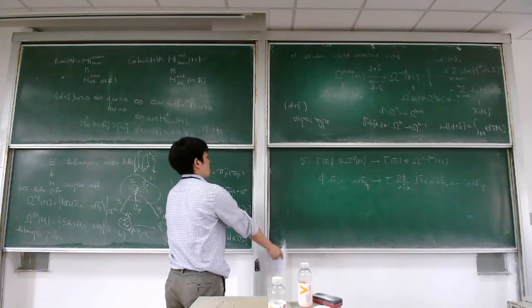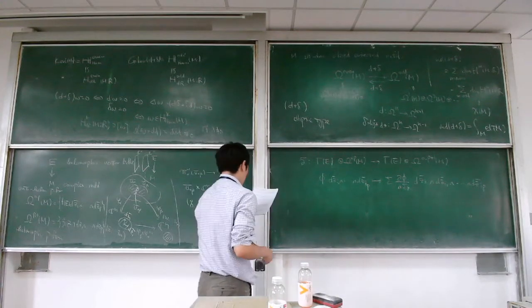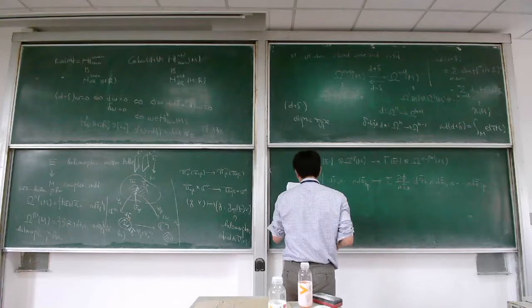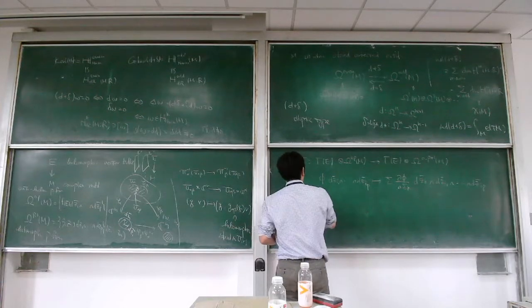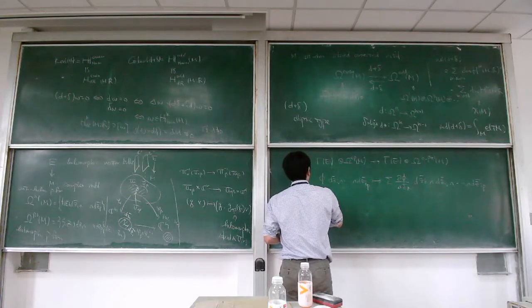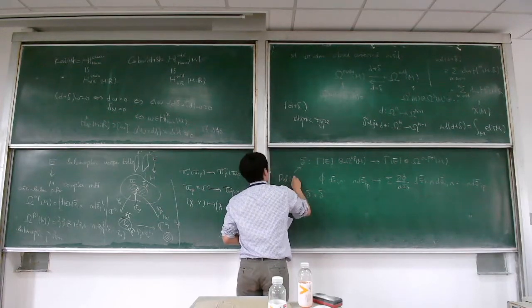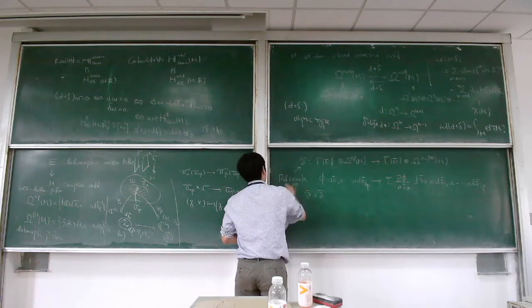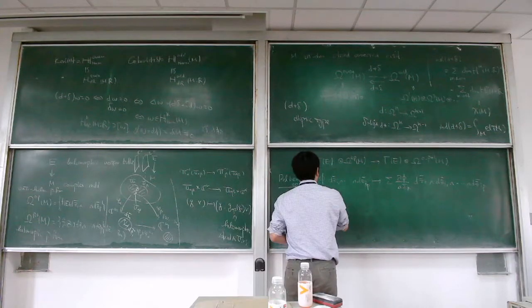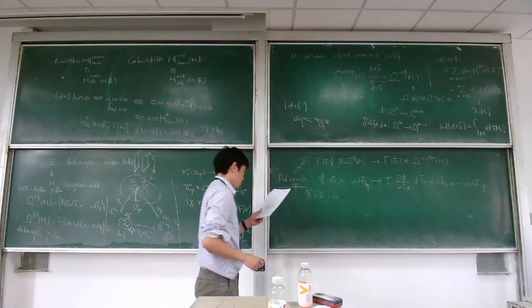So then again, this double operator, it's called the ∂-bar operator. It squares to 0, so that one can consider the so-called double complex.